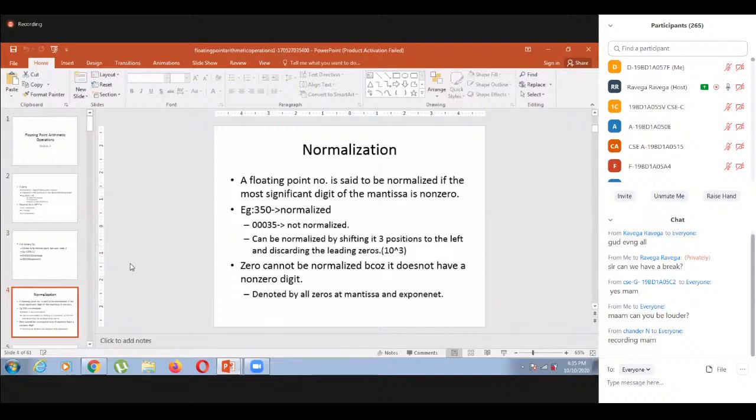If the most significant digit of the mantissa is 0, it is not possible to perform any operations, so at that time you normalize the number. To represent the number in an integer format is called normalization.